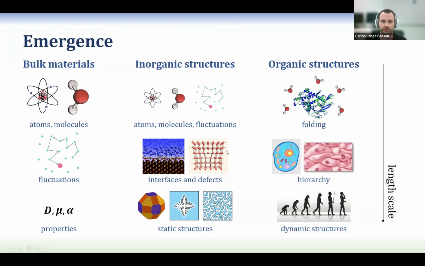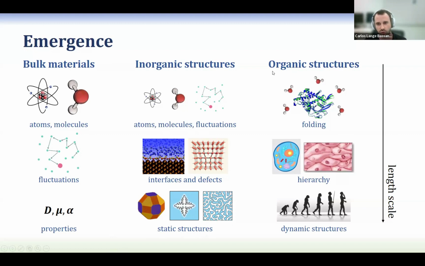Then structures start emerging, and I put here, I change inorganic and organic structures, just the level of complexity, right? And then in inorganic elements, we can find some static structures, faceted crystals, dendrites, porous medium, and I'm putting here a lot of crystals because that's what I study.